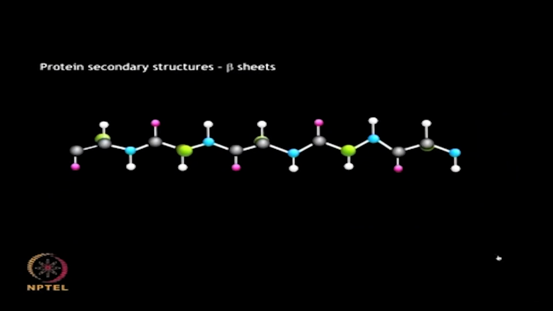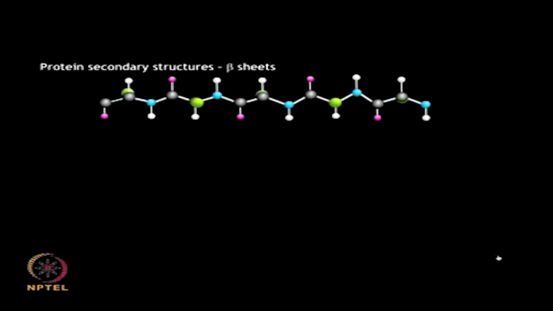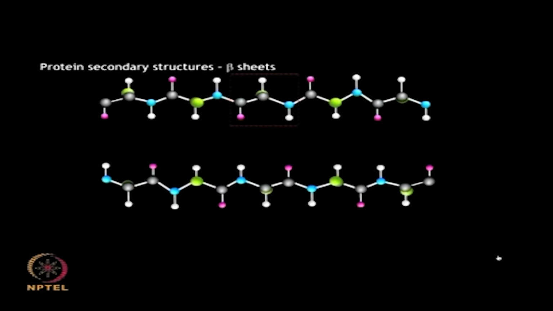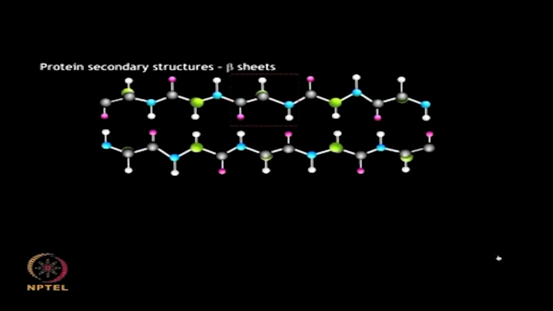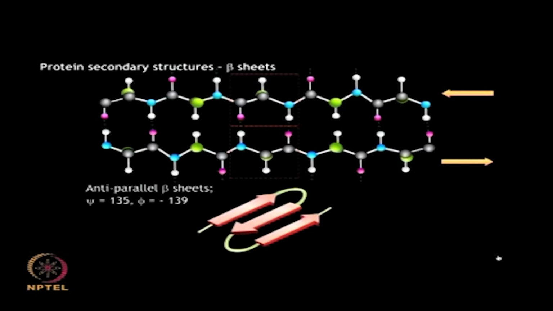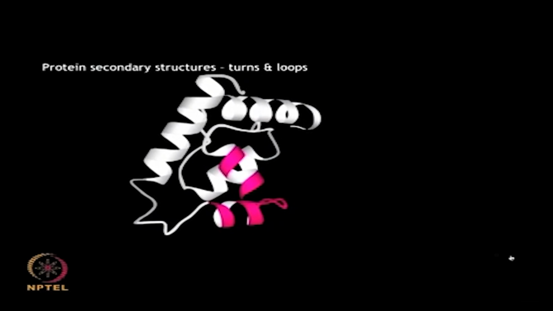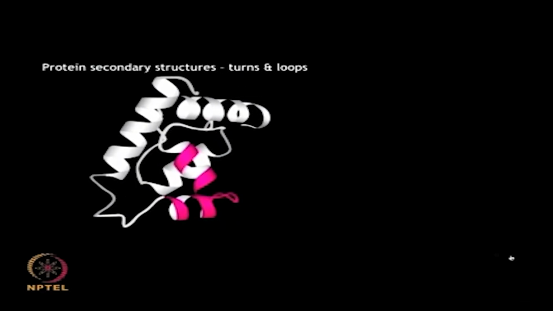Amino acids in anti-parallel strands, on the other hand, interact with only one amino acid on an adjacent strand. Almost all proteins exhibit a compact globular structure, which is possible only if there are turns or loops between the various regions.